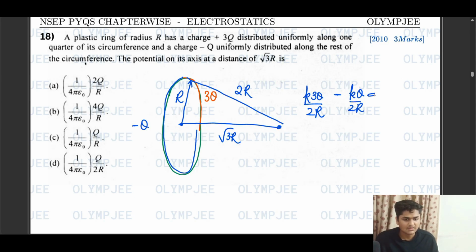So this will give us 2kq by 2r, which is kq by r. So option C will be correct. Don't get confused that you have to divide this by 4 because it is distributed only on a quarter surface. No, each point has the same distance, so we can directly write it like this.